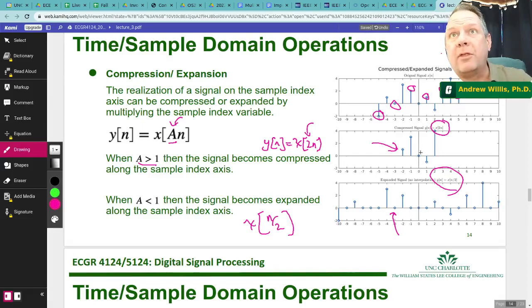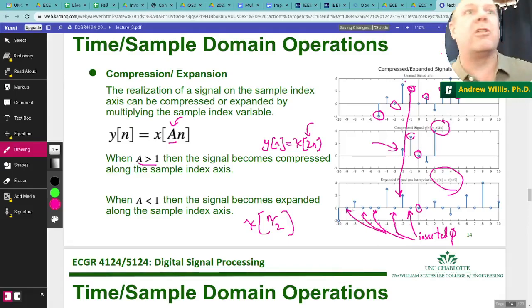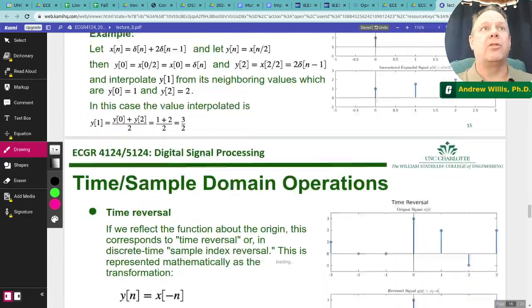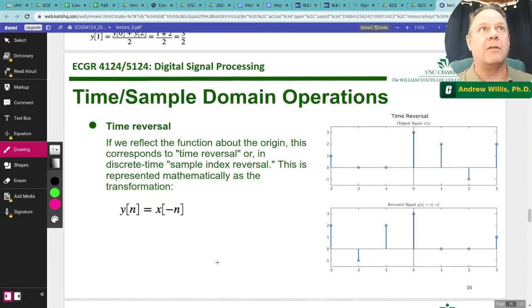For example, this value here goes to here, but we have to insert a 0. So these are inserted zeros there, and further at every one of these odd locations. If there are no questions about this, then there's no point in belaboring the subject.